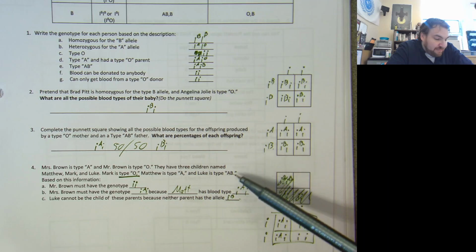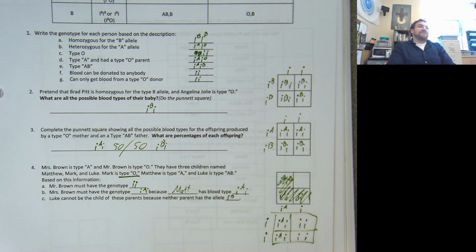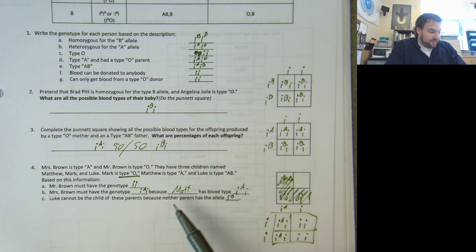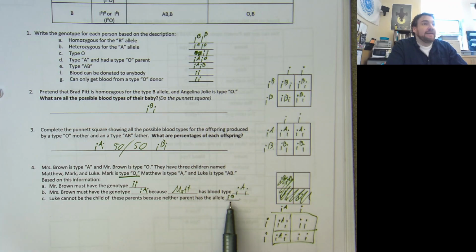Oh, no. No, he could be Mrs. Brown's son and Mr. Brown's stepson. But he's not related to the whole family, because he cannot have both parents, since there's no IB. Someone somewhere had to show up for Luke to have that type B blood.